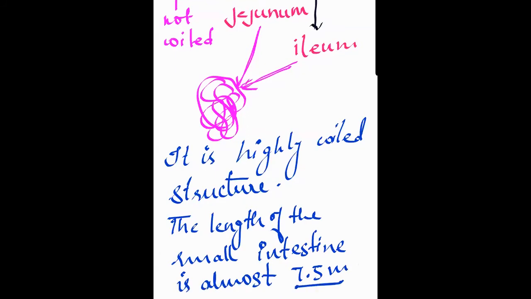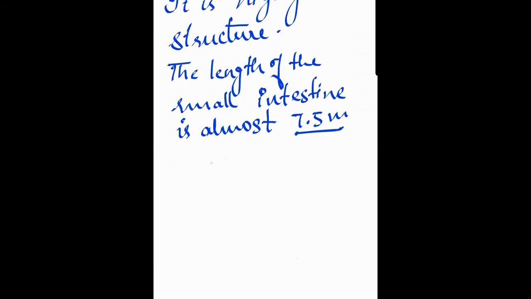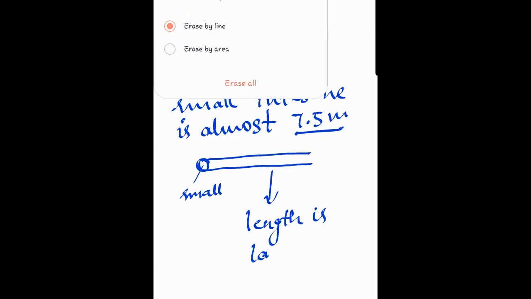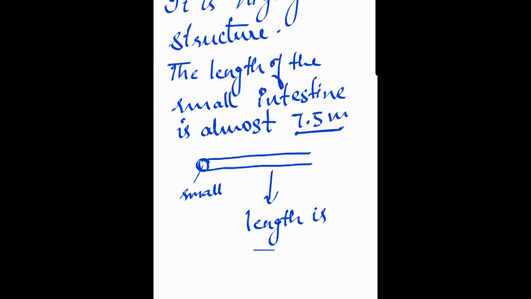Why? Because the diameter is small. The diameter is small, but the length is big.